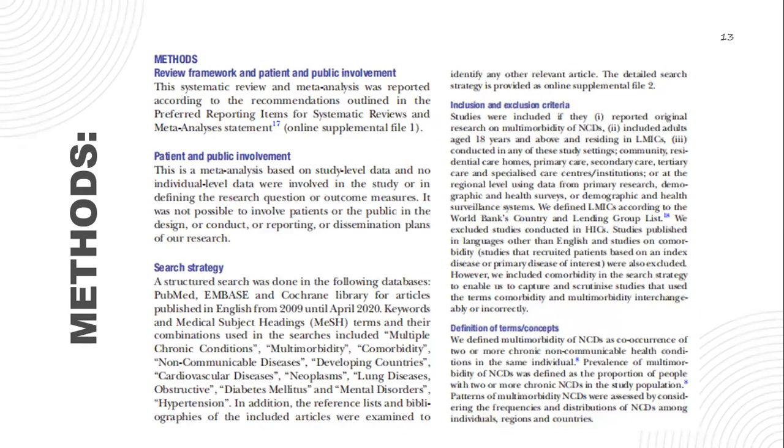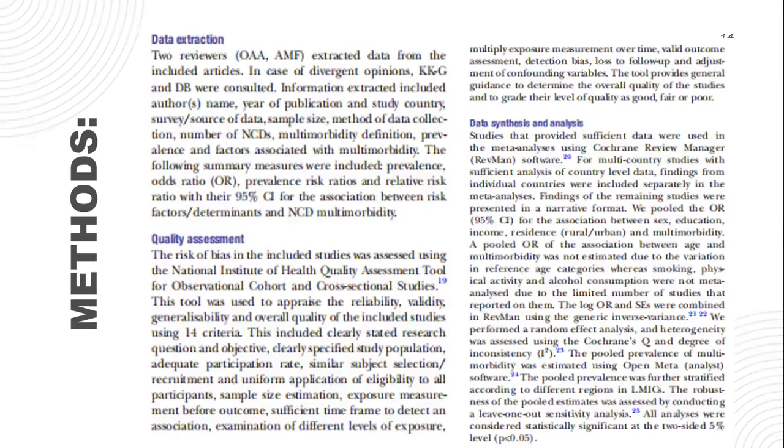Then we will move on to the methodology or methods. Here we can see the further subheadings of methods as patient and public involvement, search strategy, including exclusion criteria, definition of terms, data extraction, quality assessment, data synthesis.